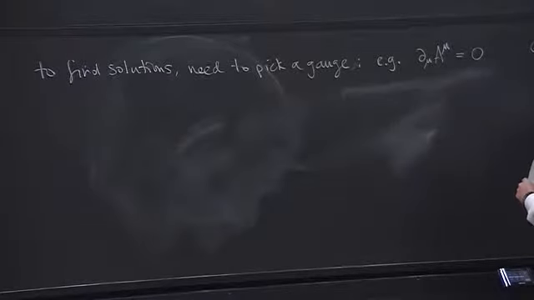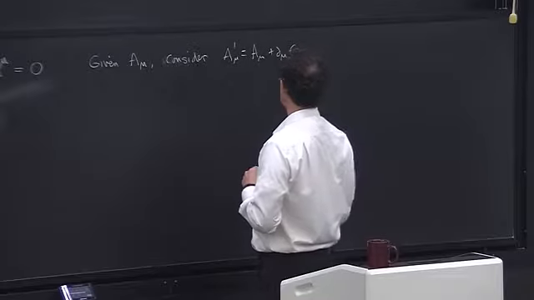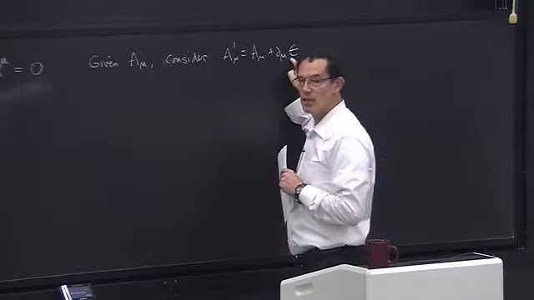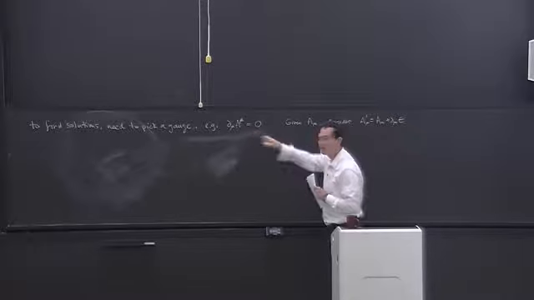So given an A mu, consider A mu prime, which is A mu plus D mu epsilon. And we're just going to choose this epsilon in order to enforce that condition on A mu prime.